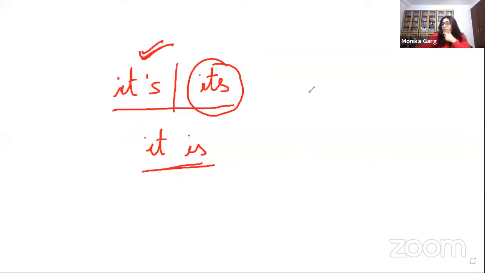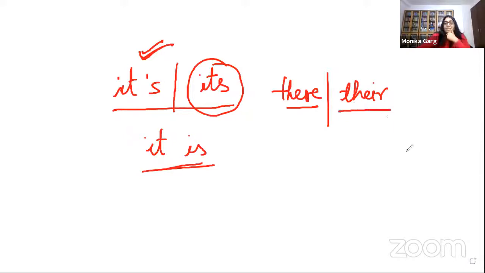Then you may get a question where you need to choose, or maybe one of the option would have there, THERE, other might have there, THEIR. Obviously, if you need possessive case, you use this one. If you want to refer to a place, you use this one.